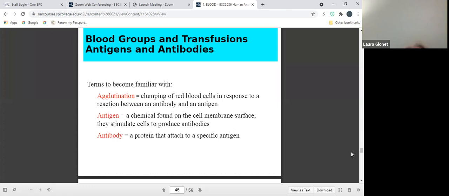Antigen is the chemical compound found on the cell surfaces, right? They may be capable of stimulating the production of antibodies in one way, shape, or form. An antigen is one of those MHC complexes I described, the chemical compound on all my nucleated blood cells is the same imprint, the same compound found on all my cells.